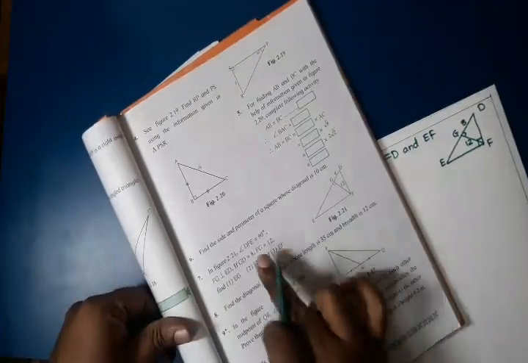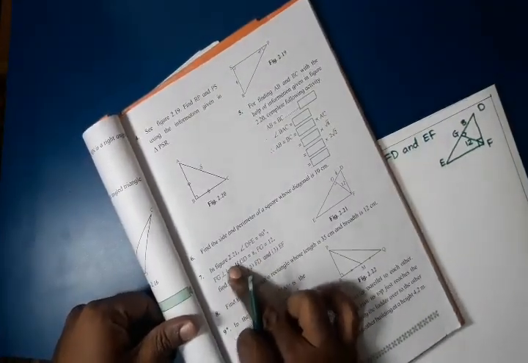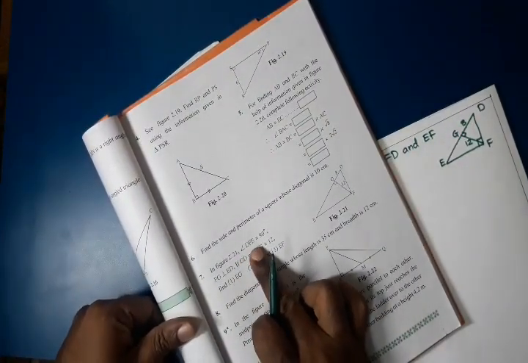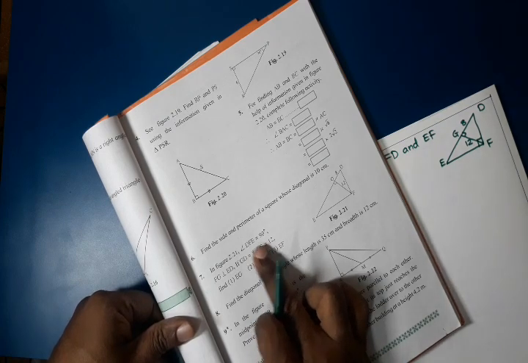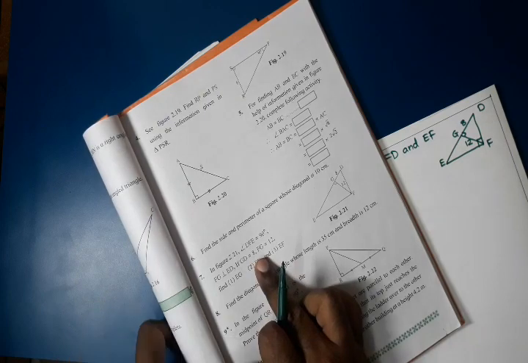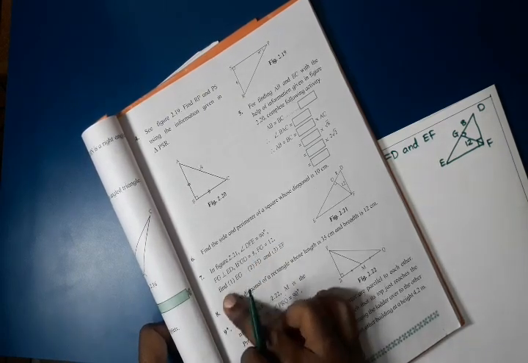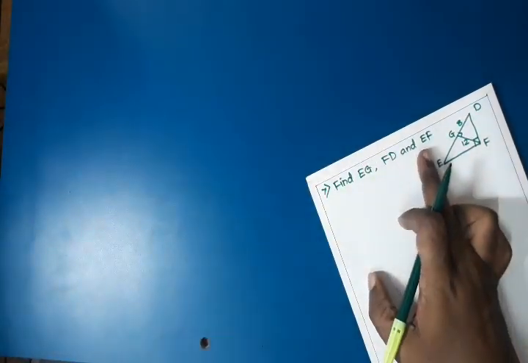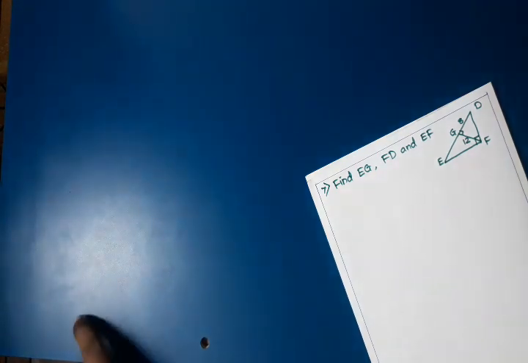Let's solve one more problem, problem number 7. In figure 2.21, angle F is equal to 90 degrees, FG is perpendicular to ED. If GD is equal to 8 and FG is equal to 12, then find EG, FD and EF. Let's solve this problem.